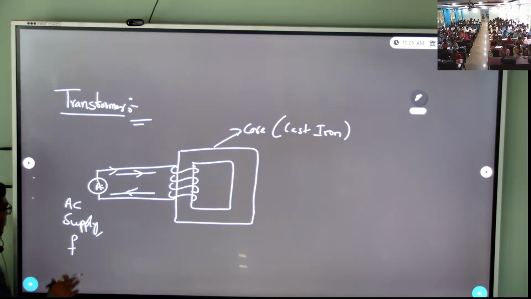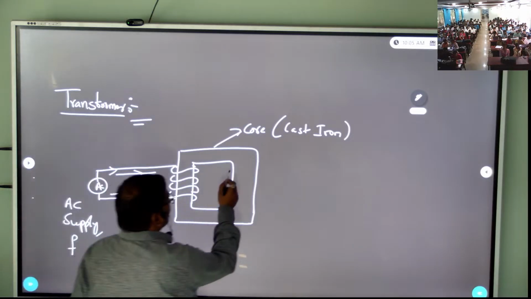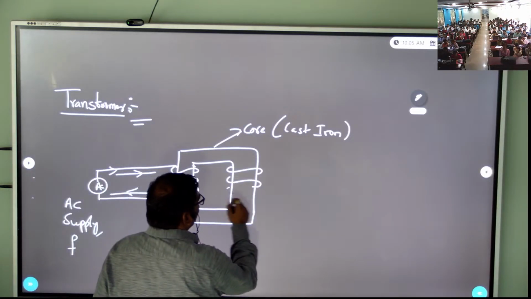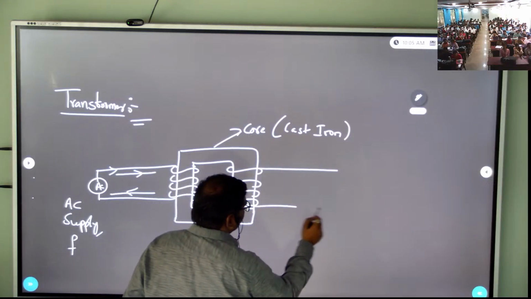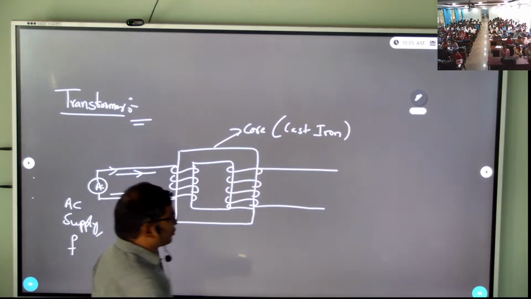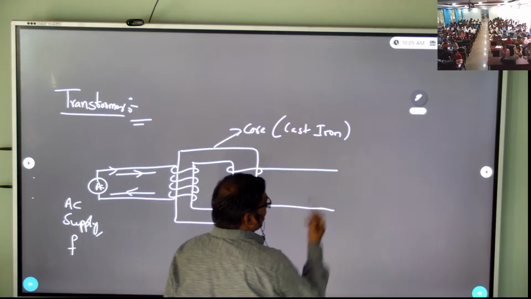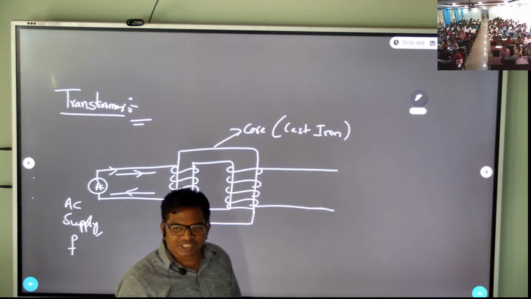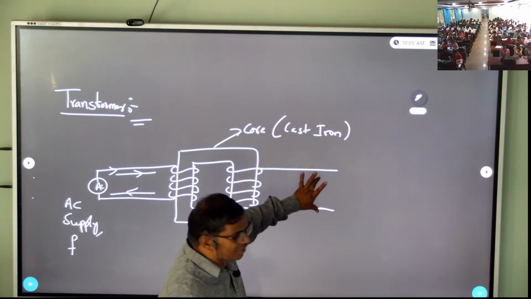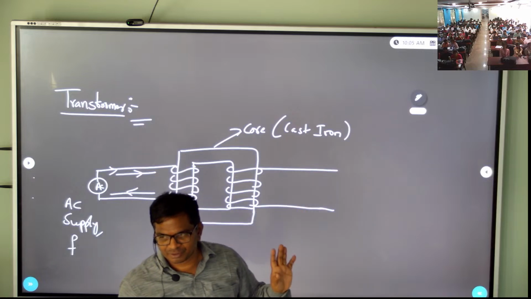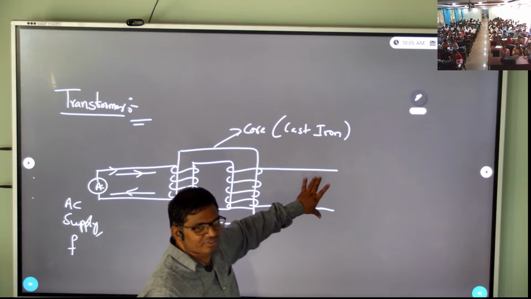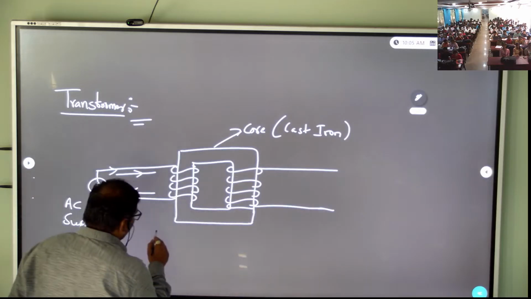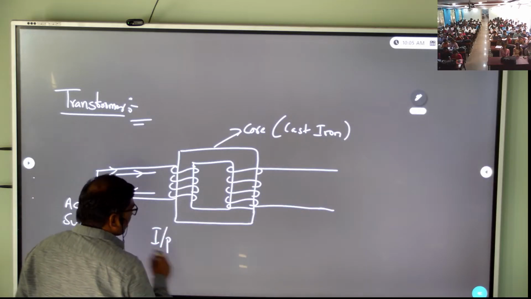So here is one of the windings. Next, here also I am winding one winding. This is the output. This is the transformer output. In your charger, these two terminals are given to the rectifier circuit. This is called output, this is called input.